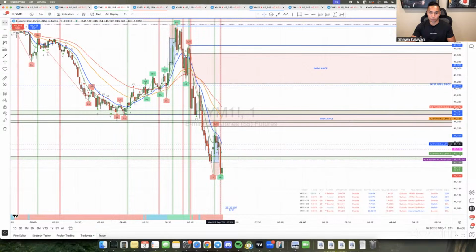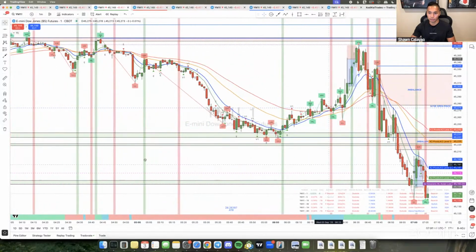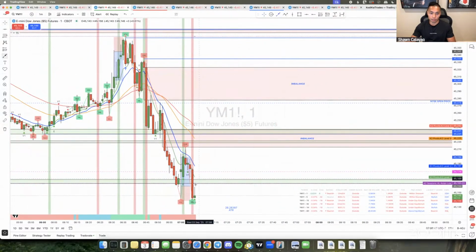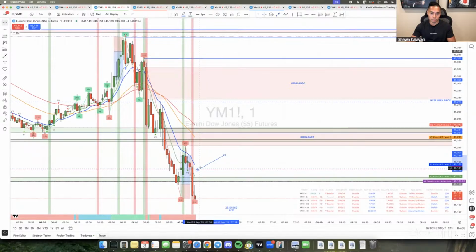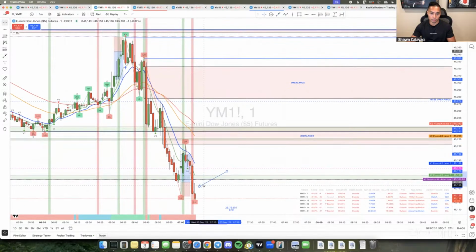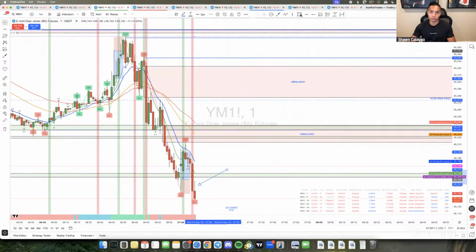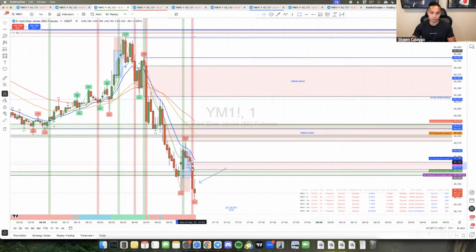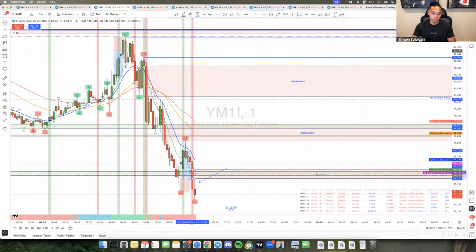It's going to be connected from this red candle and this green candle right here. See the imbalance from this big red one? Zoom in a little bit. The imbalance is based off this red candle right here. It starts on this red one and it ends with this red one right here. So this is going to be one more imbalance right there. There we go. So we got another imbalance.